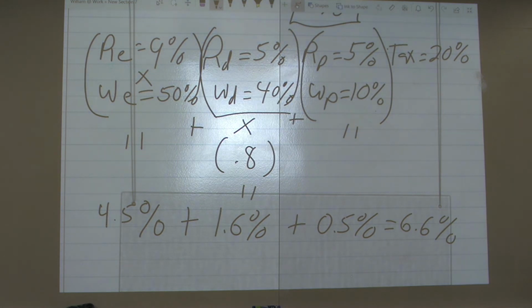So this is it written out, and our formula I'll write down here.